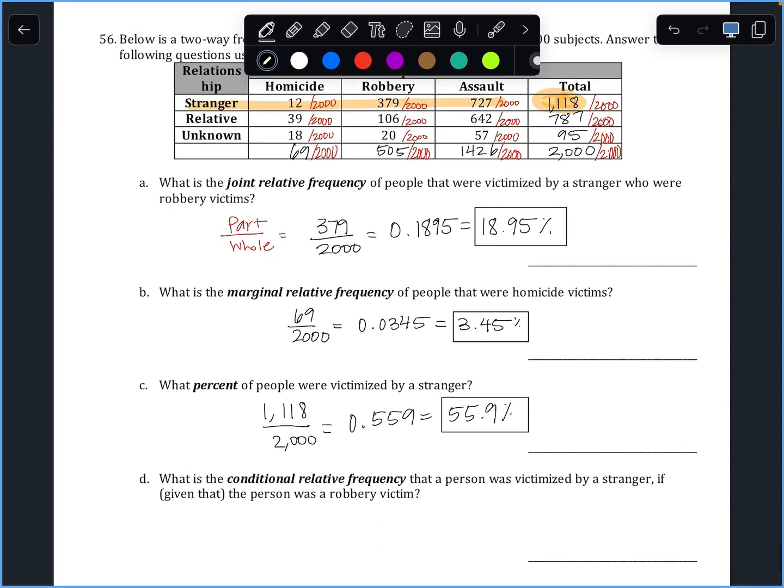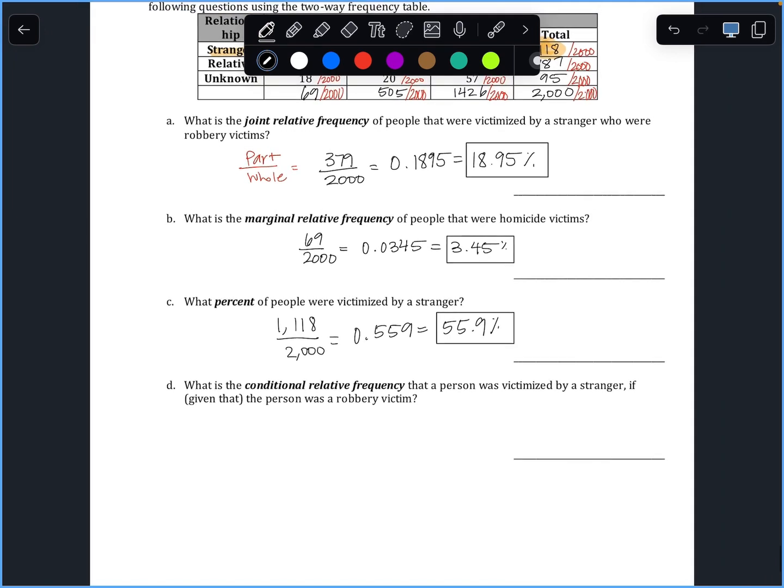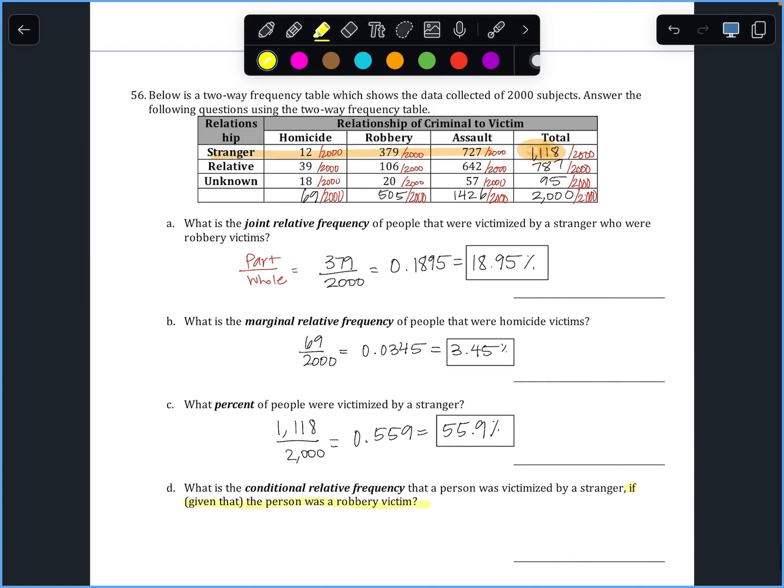Okay, so what is the conditional relative frequency that a person was victimized by a stranger, or in other words, given that the person was a robbery victim? Whenever you see the word if, if the person was a robbery victim, that's going to be your whole, the robbery victim. So you look at robbery, and how many in total were there? Part over whole, and it's going to be 505. And then how many of them were victimized by a stranger?